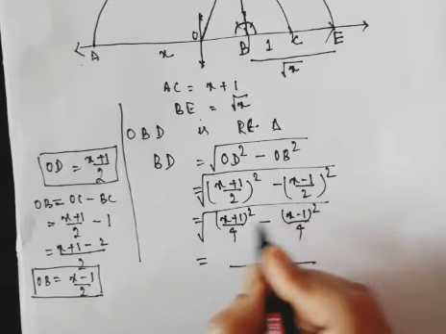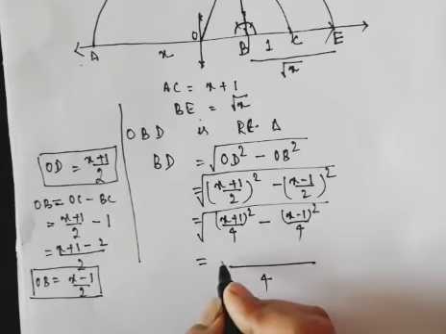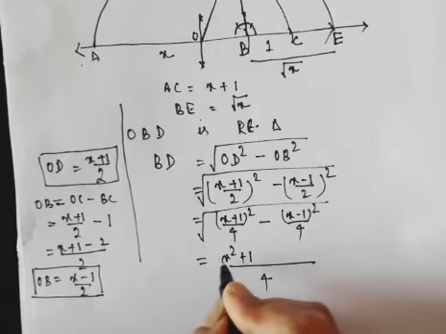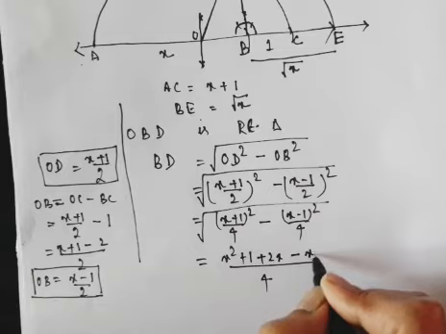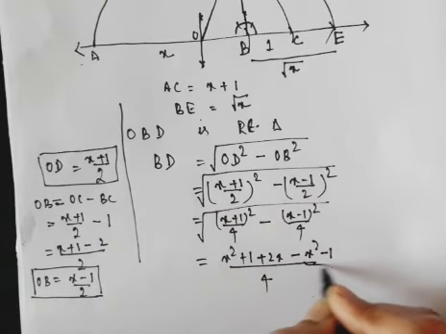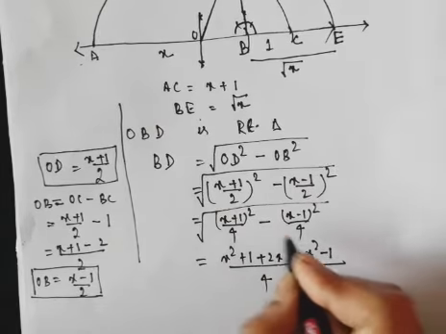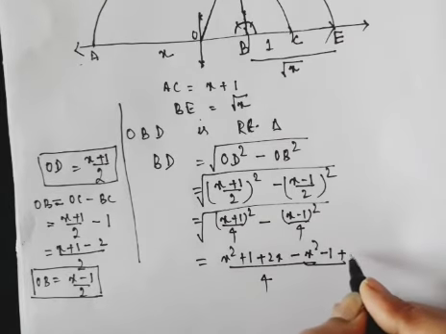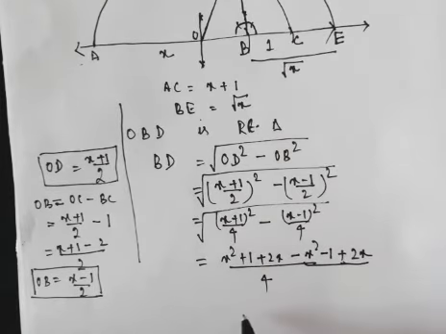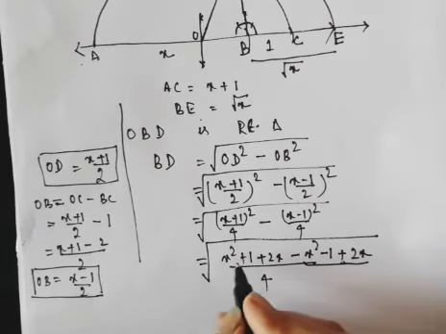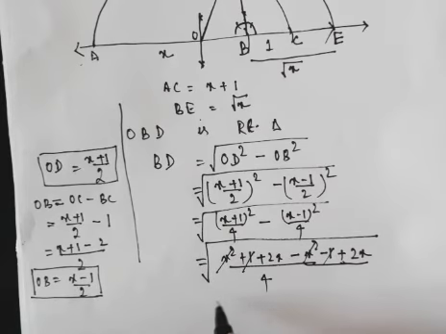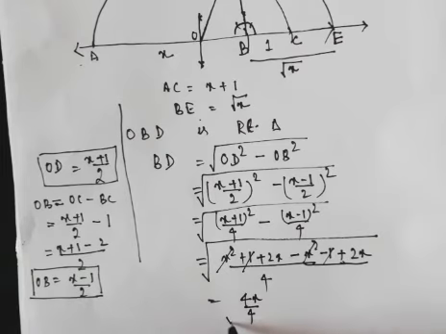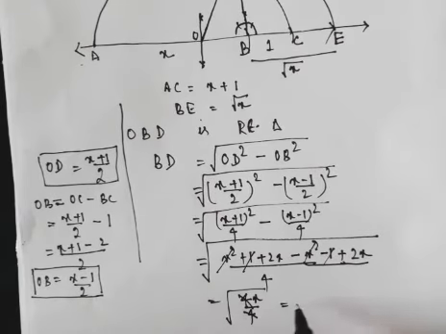Now using (a plus b) whole square and (a minus b) whole square, this is x square plus 1 plus 2x minus x square, and after opening the bracket it will be minus 1, we are going to subtract, then the 2x will be plus 2x. Now x square cancels out, plus 1 minus 1 cancels out, 2x plus 2x, that is 4x by 4, root over of that, the 4 cancels out.